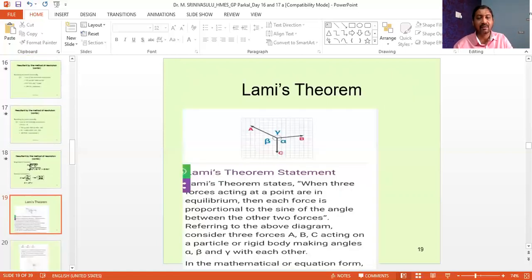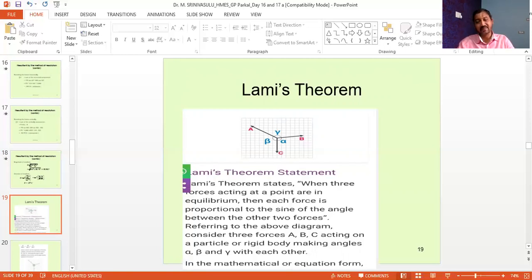Next we will go to Lami's theorem. In the previous examples we have been discussing finding the resultant force when two forces are acting at a point, or three forces, or even more than three forces.